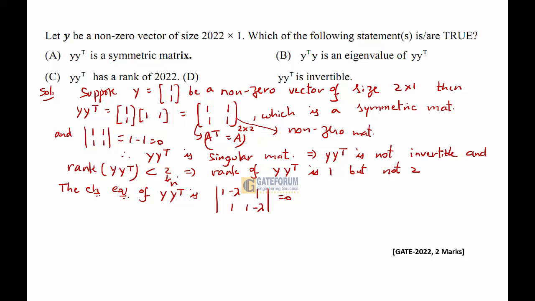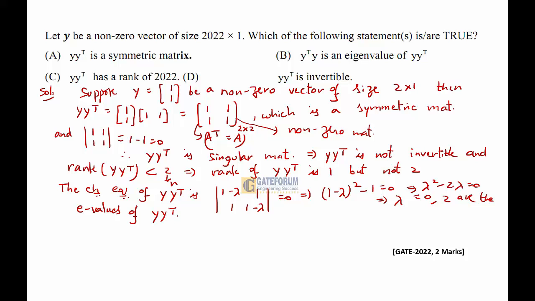You can use the two properties: a singular matrix has eigenvalue 0, and when the sum of the elements in each row is the same, that value is an eigenvalue of that matrix. Because it is a 2 by 2 matrix, you get only 2 eigenvalues without finding the characteristic equation. So this simplifies to (1 minus lambda) whole square minus 1 is equal to 0, so lambda square minus 2 lambda is equal to 0. Solving, you get lambda 0, 2 as the eigenvalues of the matrix Y into Y transpose. E values means eigenvalues.